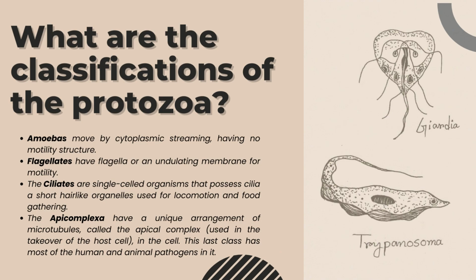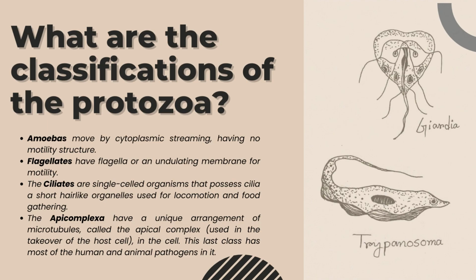There are four classifications of a protozoa, namely amoebas, ciliates, flagellates, and apicomplexa. Amoebas move by cytoplasmic streaming, having no motility structure. The flagellates have flagella, or an undulating membrane, for motility.